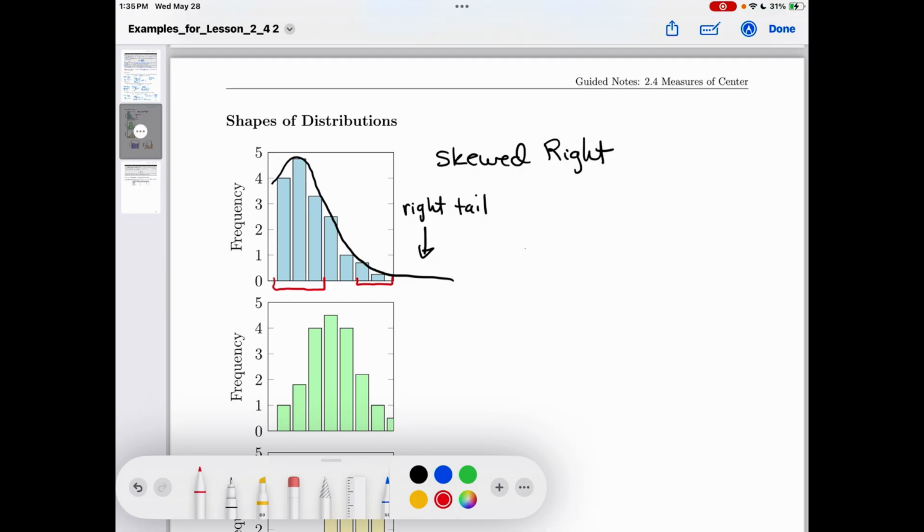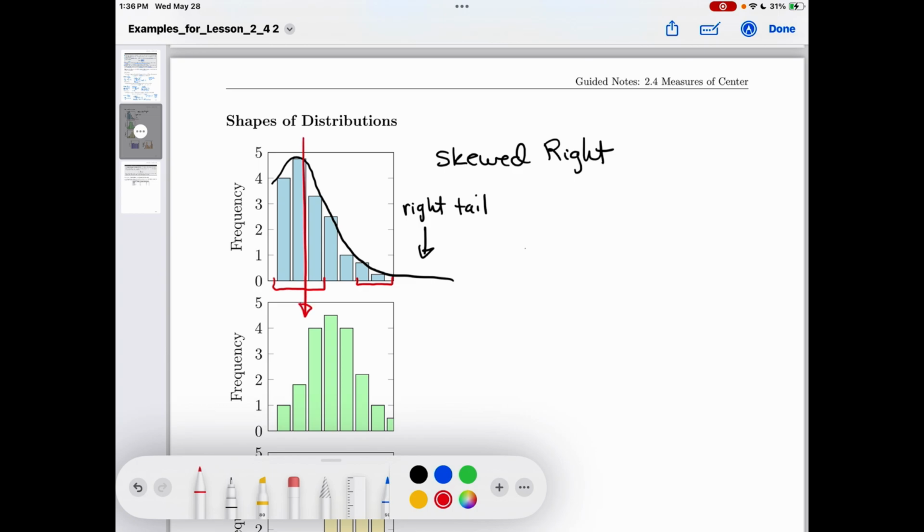So, for example, something that might have a skewed right distribution is a neighborhood where most people have moderate incomes, but we have a few very high earners that pull the mean to the right.